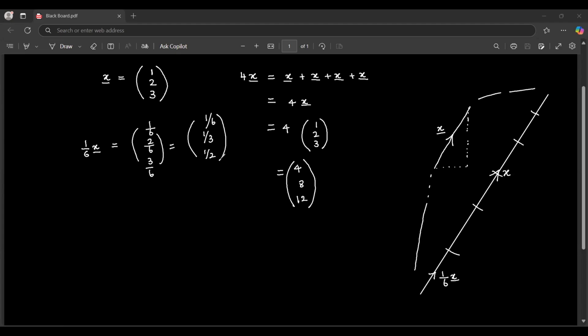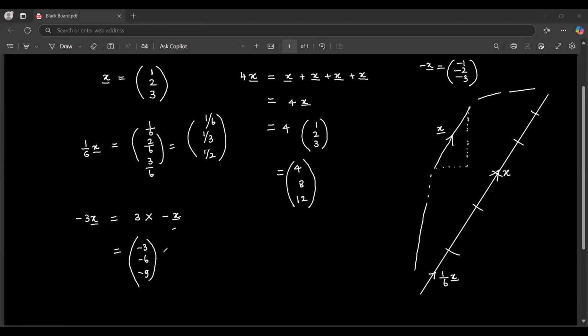That's it. Okay, what about minus 3x? What if we have minus 3x? Well, that is equal to 3 into minus x. And we know minus x is the opposite of x. So minus x is equal to minus 1, minus 2, minus 3. So 3 into minus x will be minus 3, minus 6, minus 9.